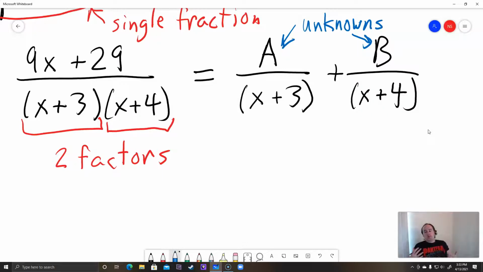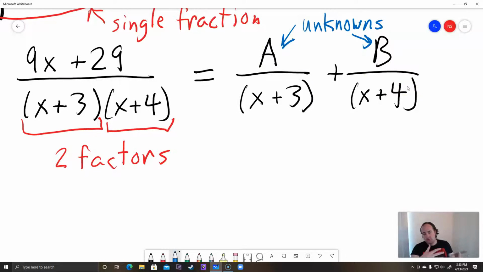The whole goal with partial fraction decomposition is just to be able to split up a complicated fraction into single fractions that are simpler. As you can imagine, if you're doing an integral and you have a complicated fraction like this, and you split it up into simpler fractions, then those will be easier to integrate.